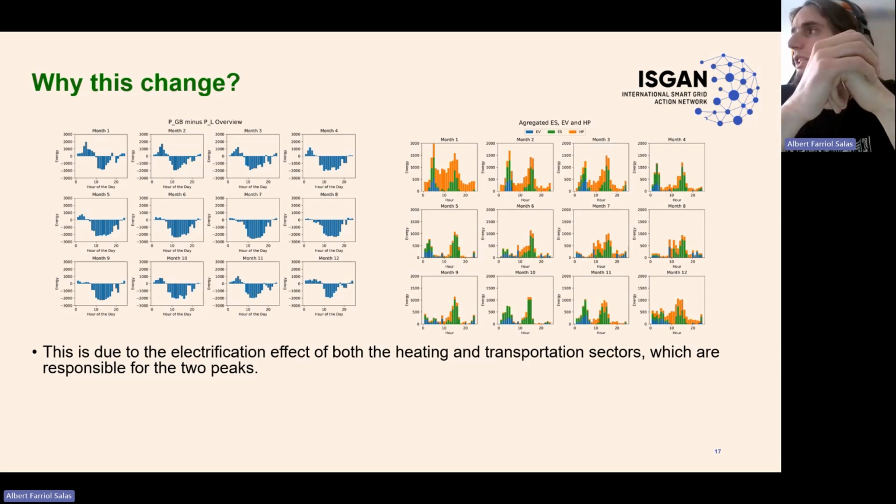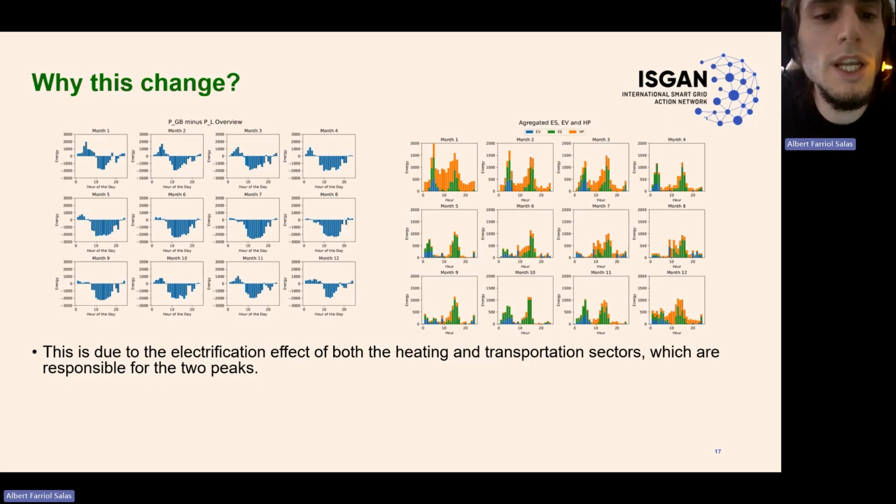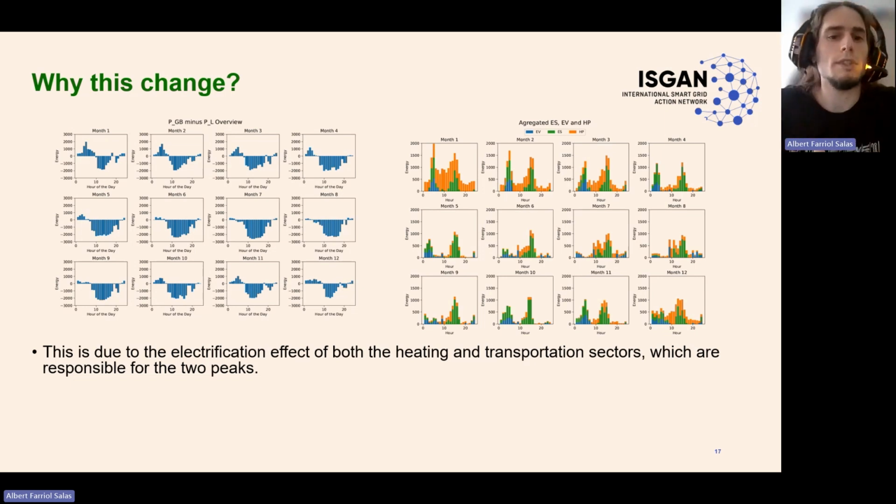This is the electric vehicle charging, the electrical storage, and all the heat pumps. It is not one-to-one, but it is responsible for this valley, together with the energy exchange in the P2P market within the energy community.